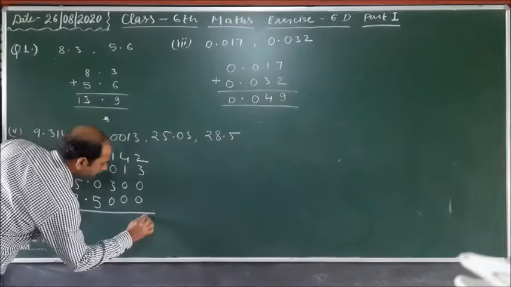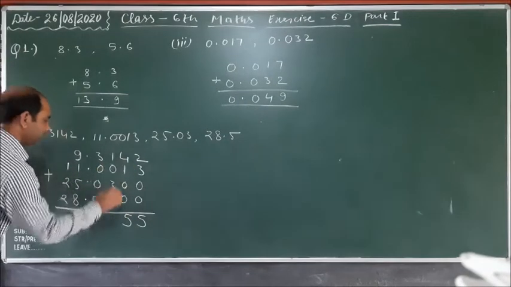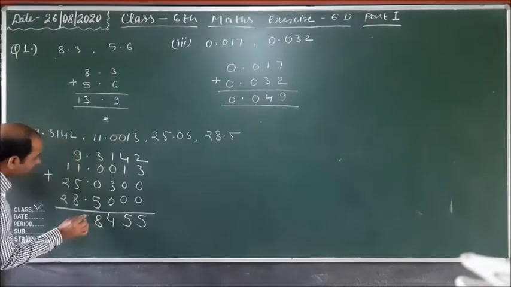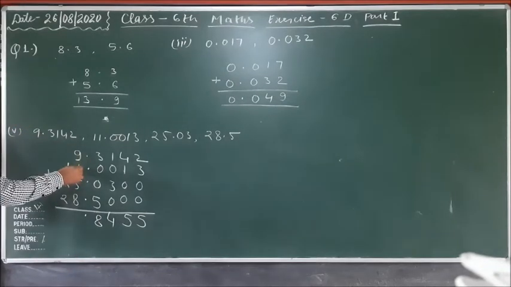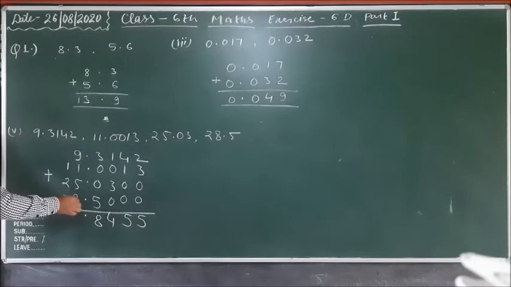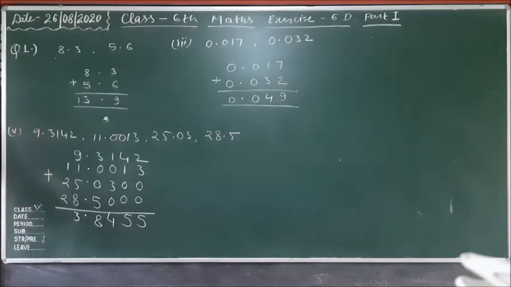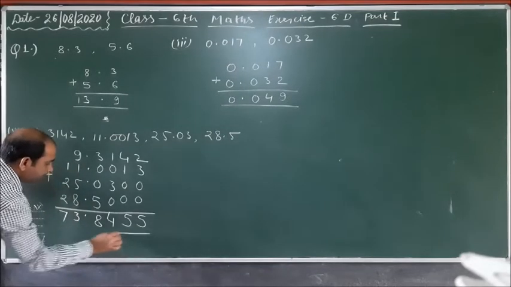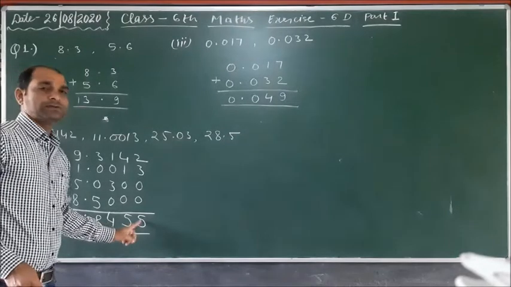Now adding: 8, 9, 1, 10, 10, 8, 18. 18 plus 5, 23. 3 carry 2. 2, 2, 4. 4, 1, 5. 5 carry 2, 7. 73.845 and 5.